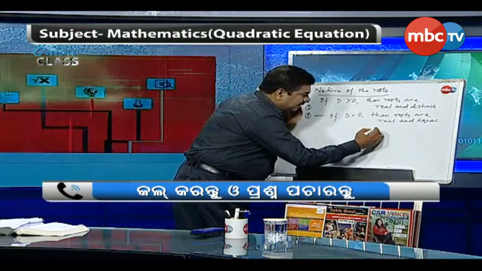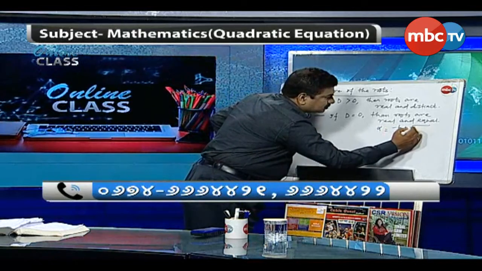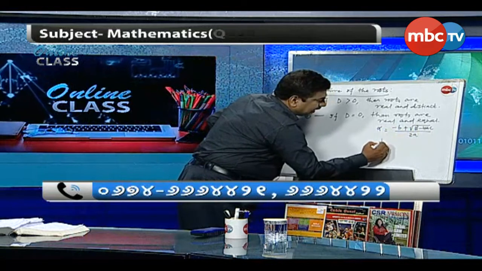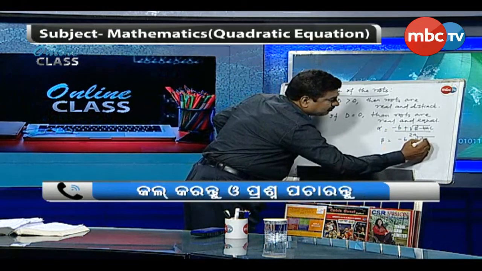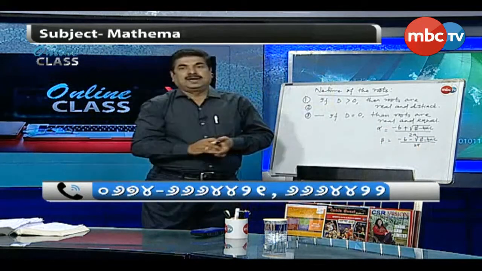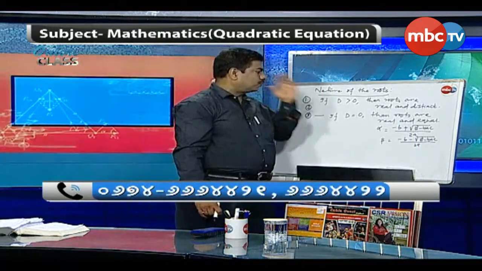You see, alpha is equal to minus b plus square root of b square minus 4ac divided by 2a, and beta is equal to minus b minus square root of b square minus 4ac divided by 2a. Here d is equal to b square minus 4ac.